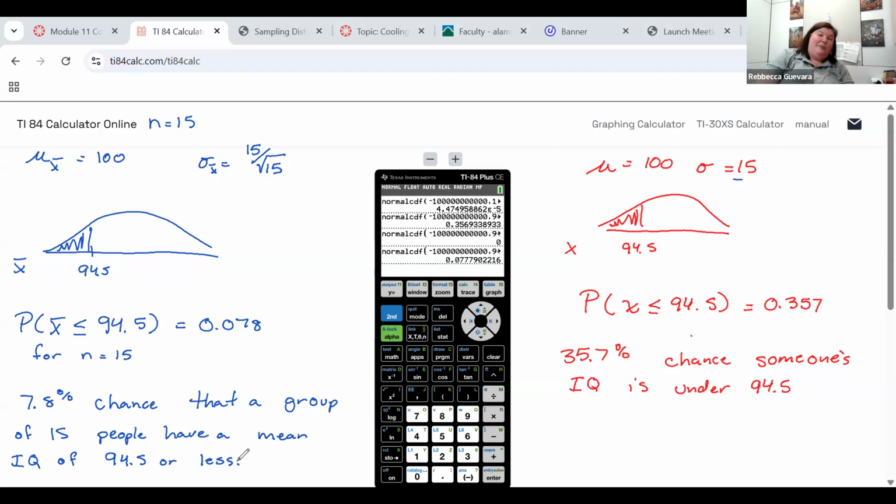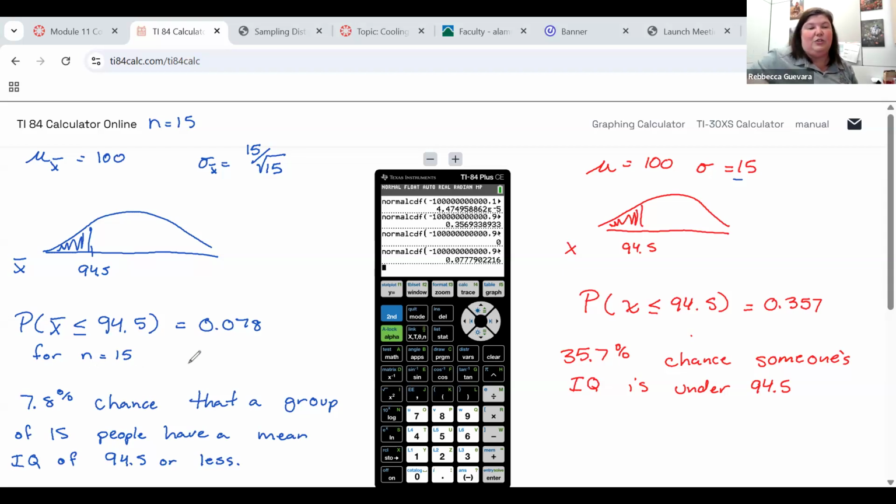Now, if we talk about a group of people, if it's a normal population that you would usually gather, you'd have some people around 94, you'd have some people like 106, you'd have some people around 100, you might get 120 in there, but it's probably balanced out by somebody that's like 170. You're going to balance out across those 15 people.